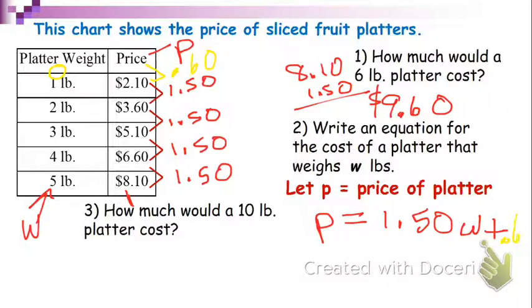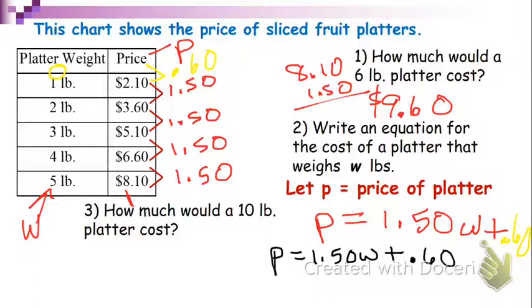So we have to add this 60 cents at the end. Sorry, it's so squished. So now if you put in 1 for W, you have $1.50 plus the 60 cents. That'll give you your $2.10. So it's kind of a weird thing that we have to work our way backwards to figure that out. So our equation then, let me write this nicer. The price of the platter is going to be $1.50 times the weight plus 60 cents. Okay, plus 0.60.